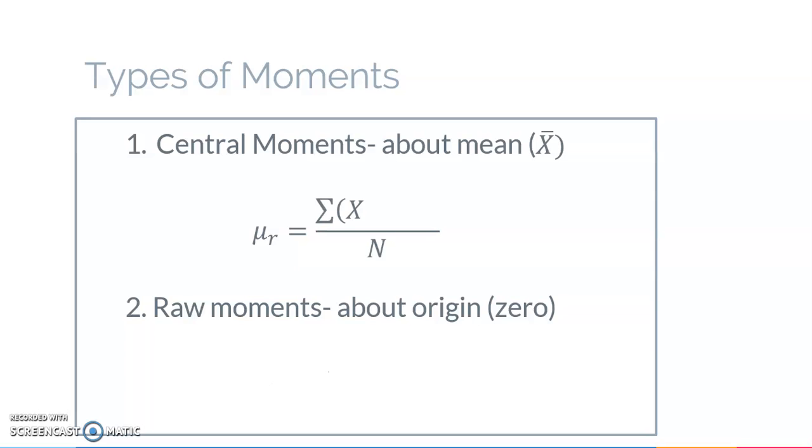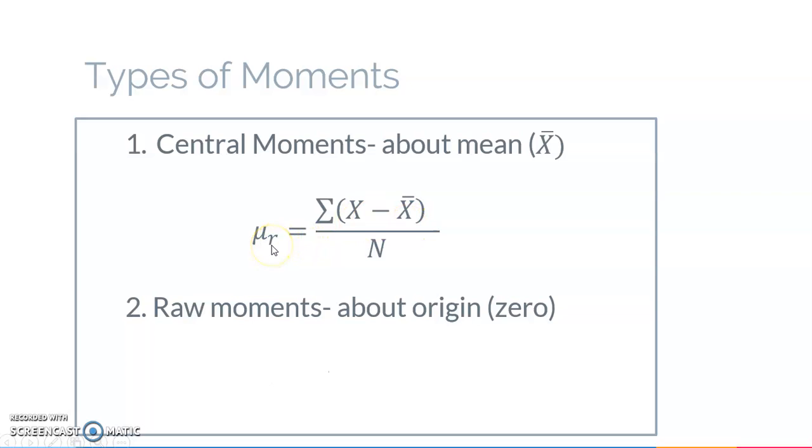Here, if you identify the formula, summation x divided by n is the formula to find out the average. So x is the data which is given to you and n is the total number of elements in the given data. Now as we want to find out the moment about the mean, we are going to subtract the mean, that is x bar, from the given data.